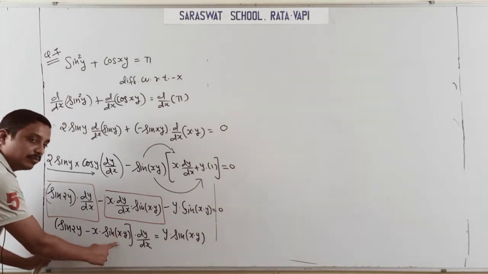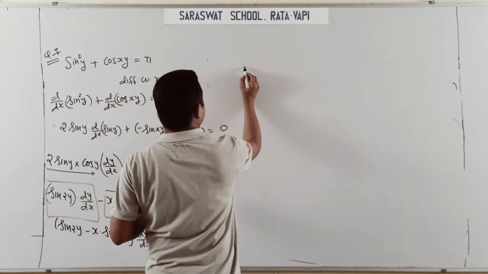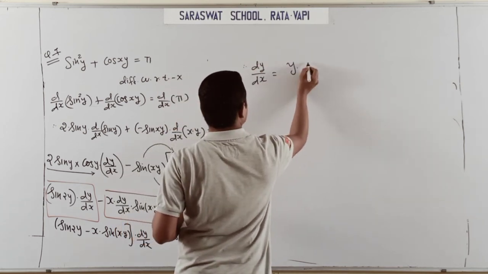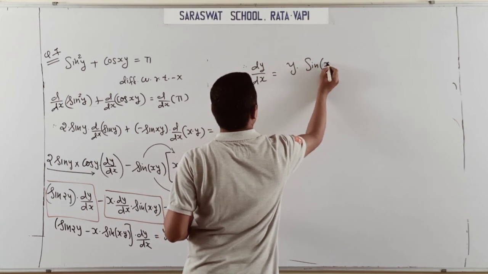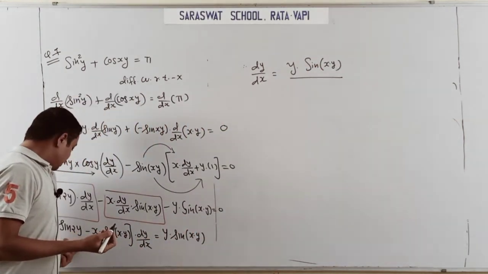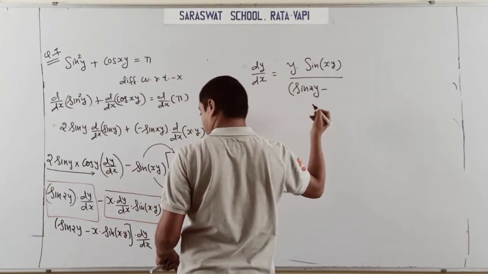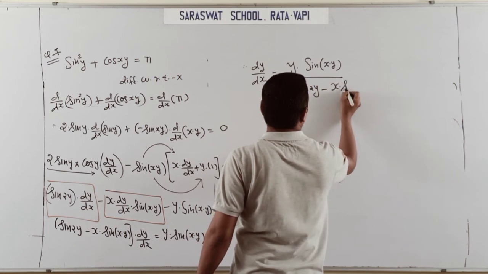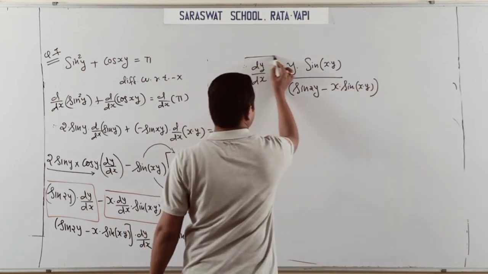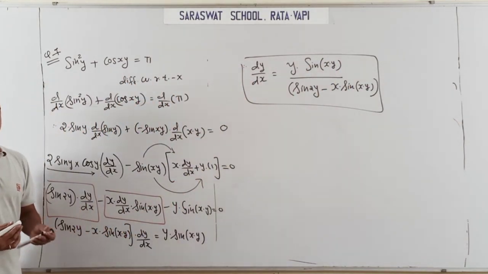So my answer is dy by dx equals y into sin xy, upon this whole, divided by sin 2y minus x into sin xy. And that part is done for this numerical, students: sin 2y minus x sin xy.